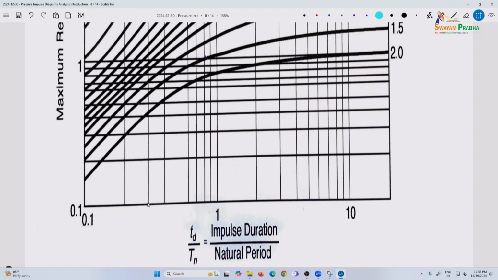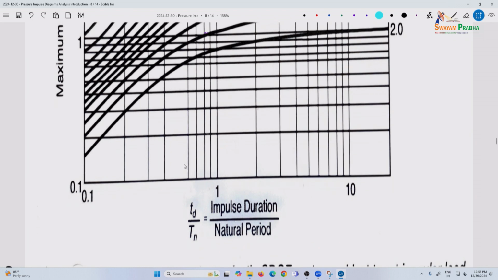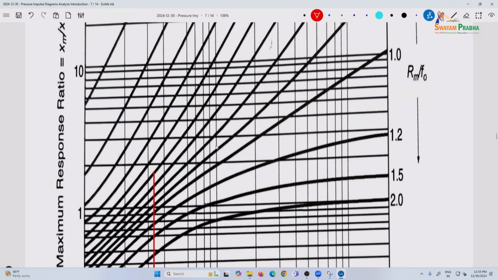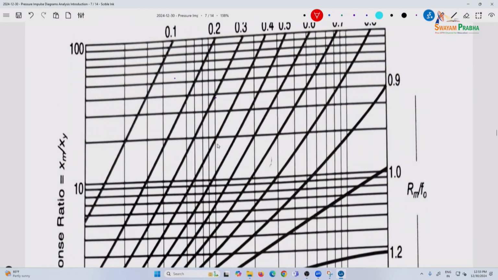So 0.2, 0.3, roughly 0.33, and Rm by F naught is how much? 0.5.